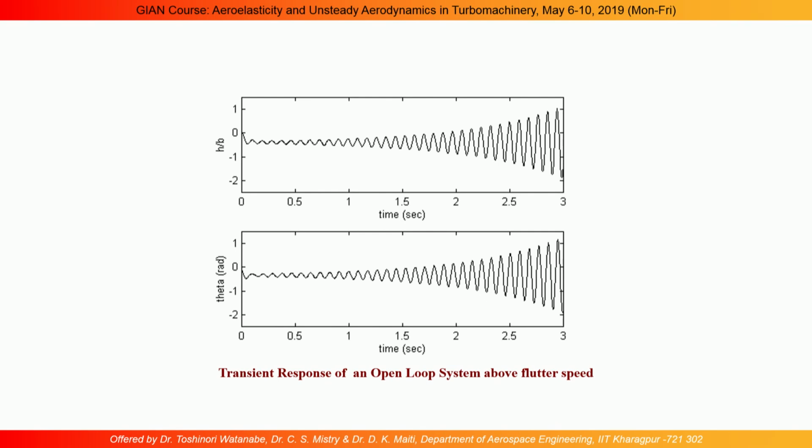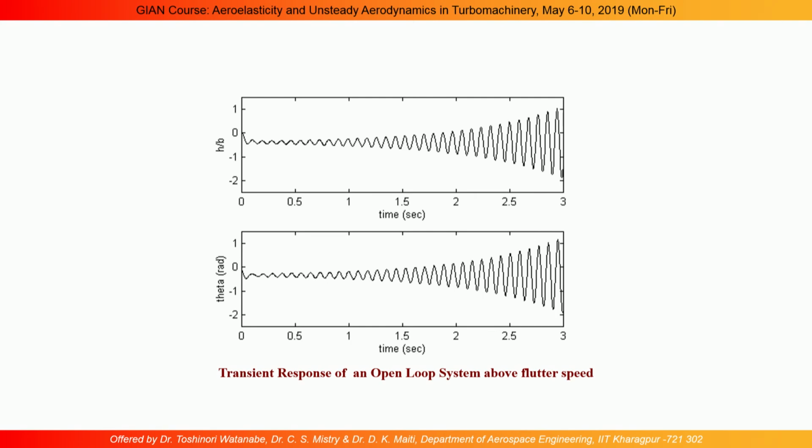Over time, in the time response, the amplitude of oscillation will grow. That is what physically happens. Actually, the time domain response is the physical response. All that we do in the complex domain is just to represent the same time domain information.